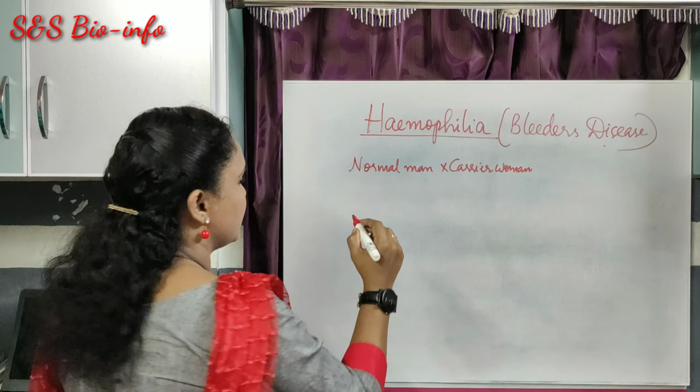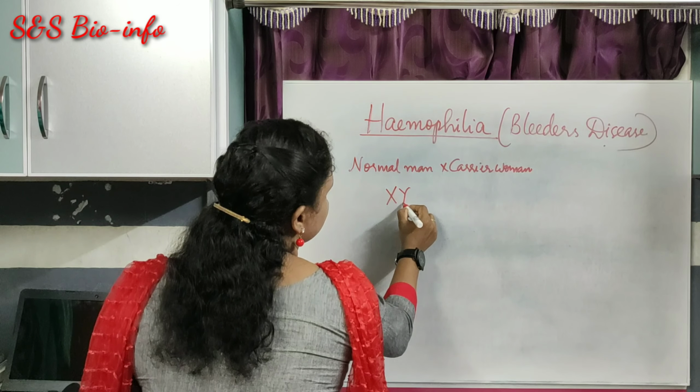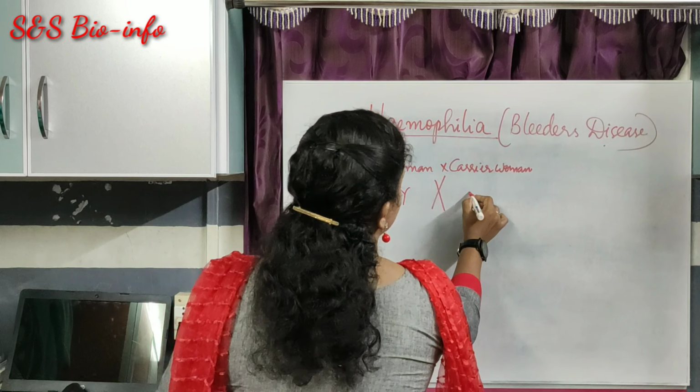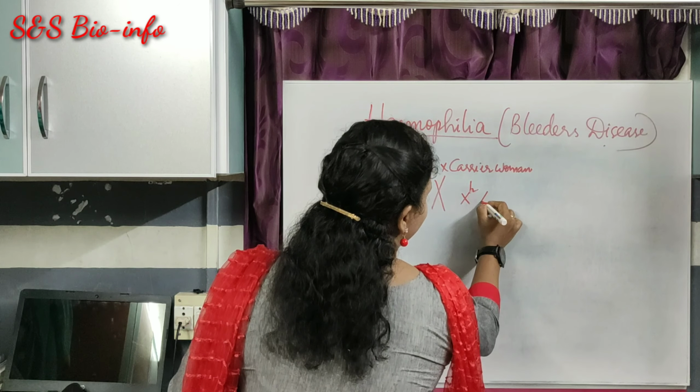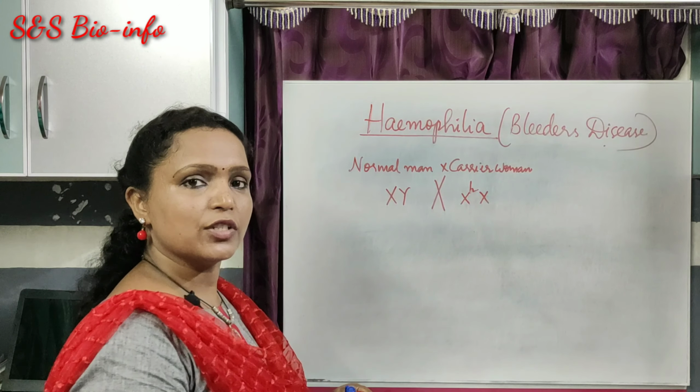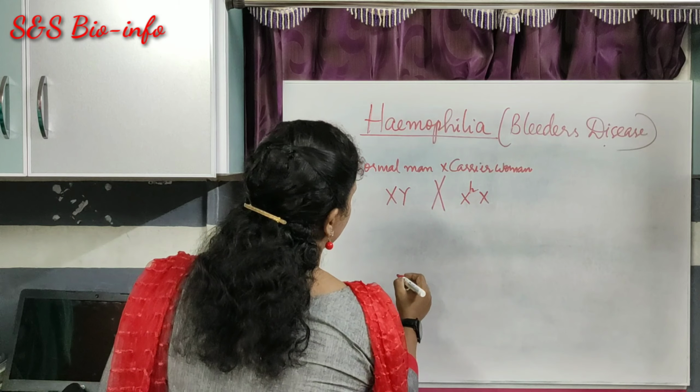Normal man can be represented simply as XY. Carrier woman here, XH X. So one allele is present in this case, carrier. So what are the possible genotypes here?